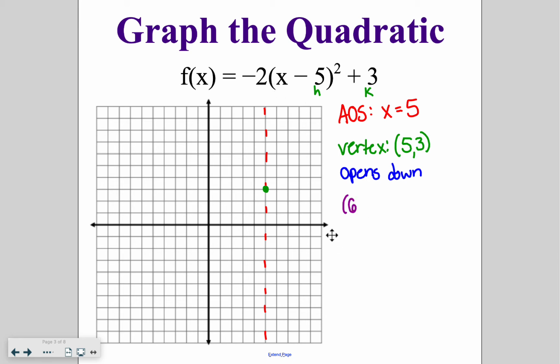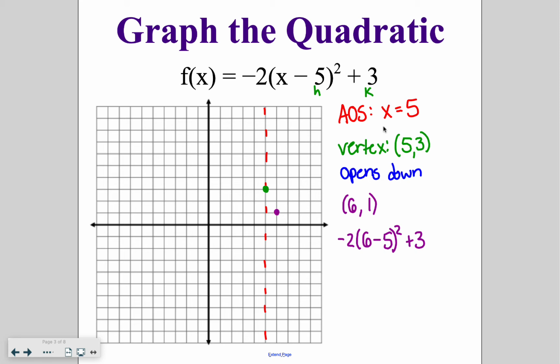Then into your calculator, you would type -2 times, plugging in (6 minus 5), close those parentheses, to the second power, plus 3. You would type this whole thing exactly as written into your calculator, and when you do that, you're going to get an answer of 1. So that means my next point on my graph is over 6 and up 1.